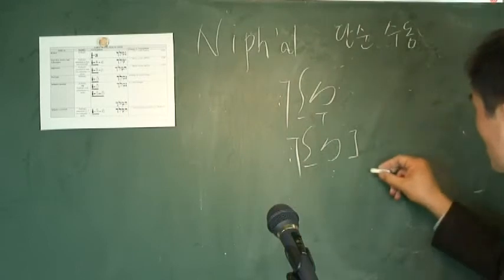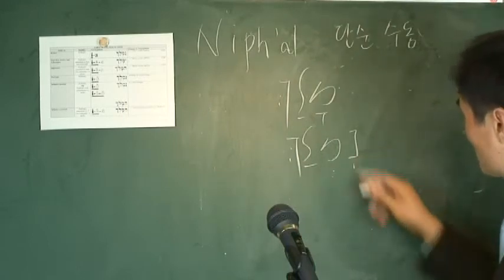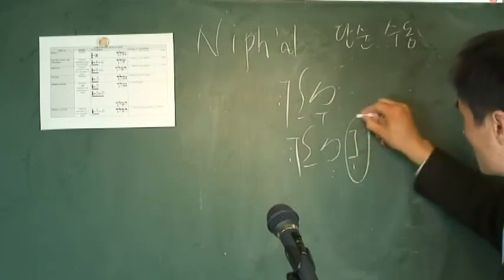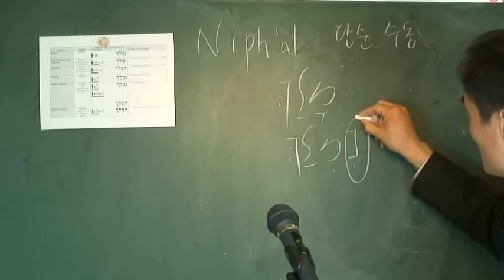Ni was added to the verb malak, and hence the change in the vowel was made.